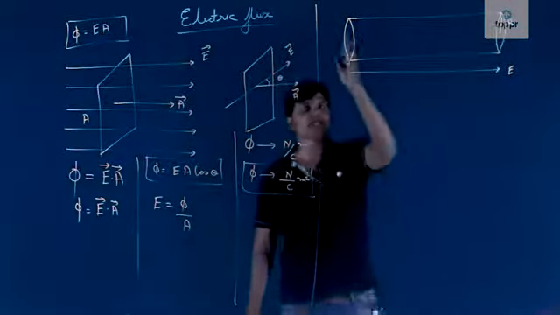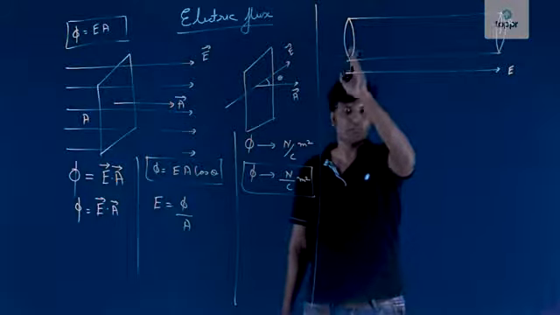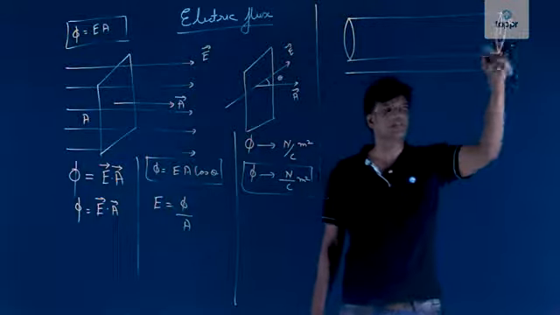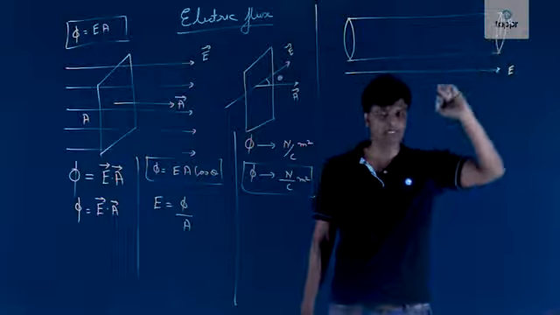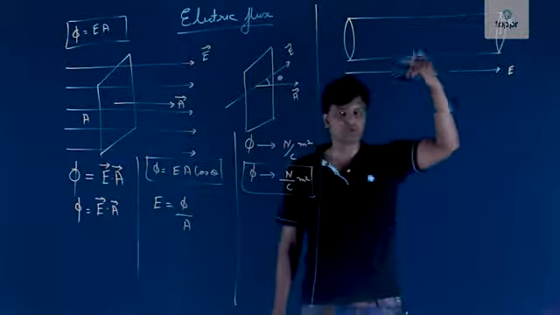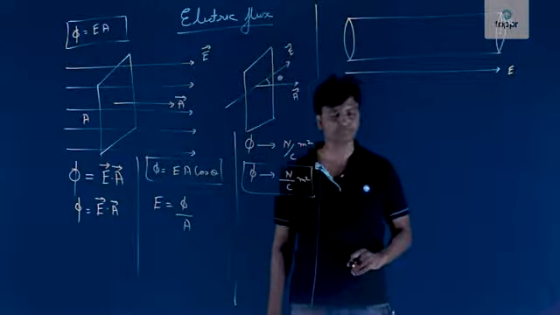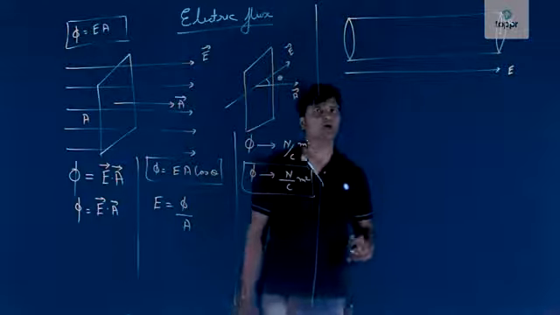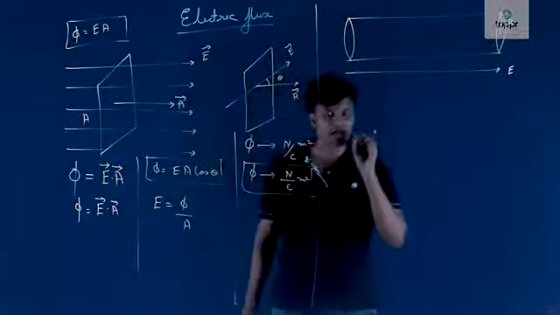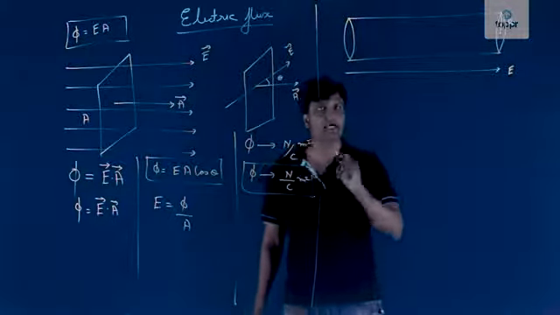One is the left hand side plane of the cylinder, and the other is the plane located on the right hand side. And the middle portion, the circular part of the cylinder, will be considered the third region. Now I am considering a very small element of area over here.